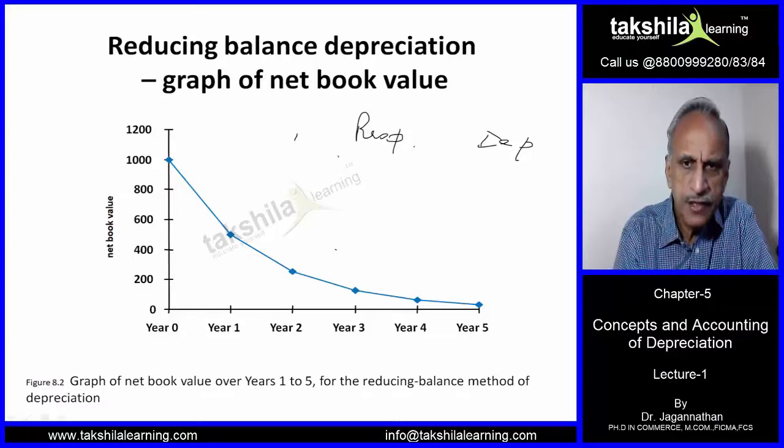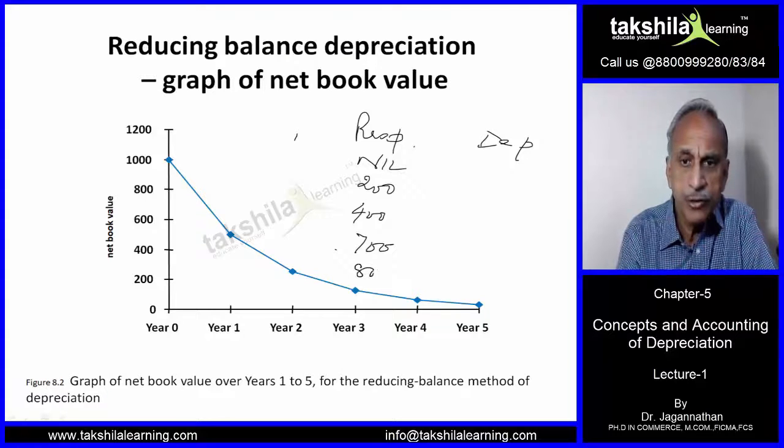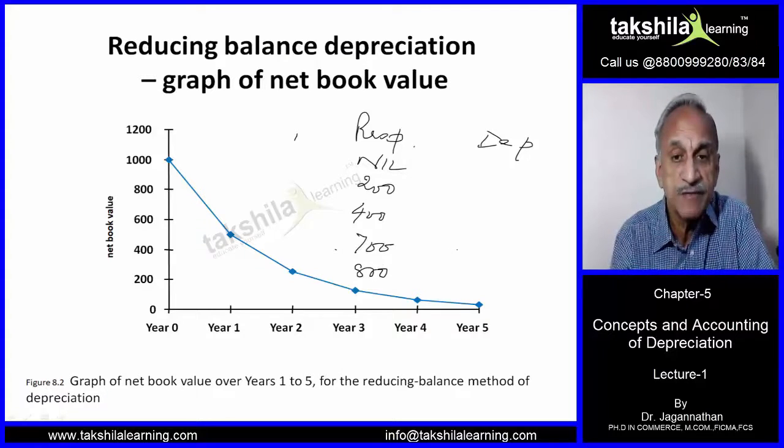First year, let's say for example, the repairs was nil. Next year it will be 200. Third year it may be 400. Fourth year it may be 700. And last year, by the time you are going to sell, it may be 800 rupees.